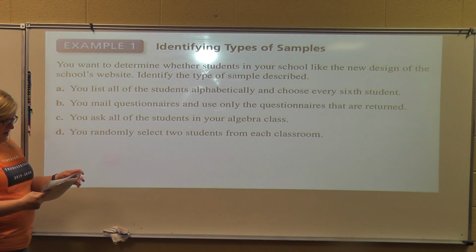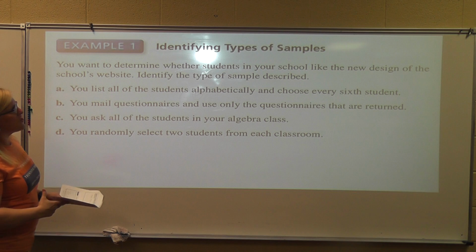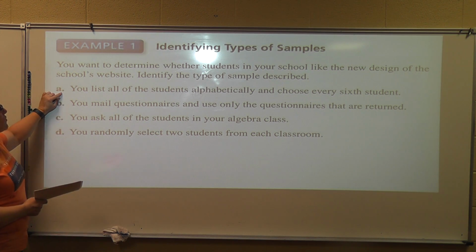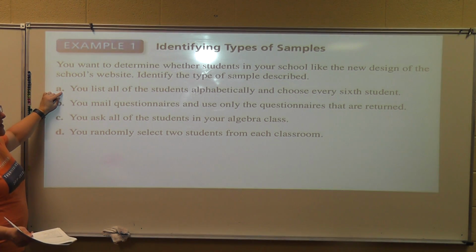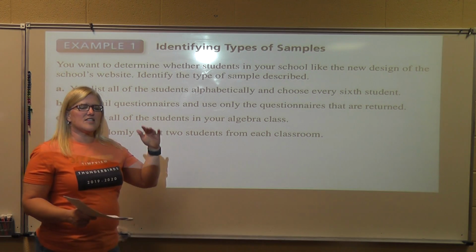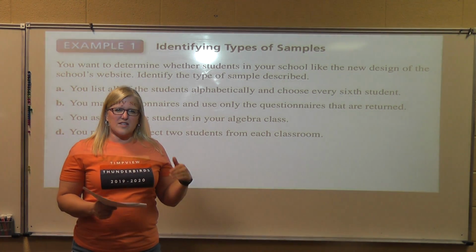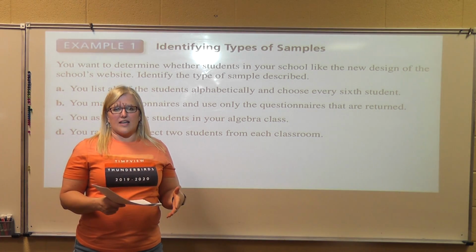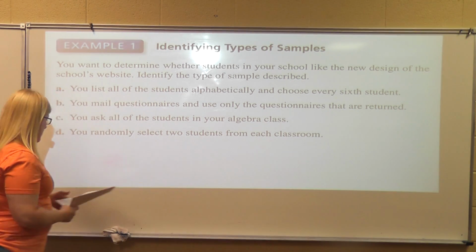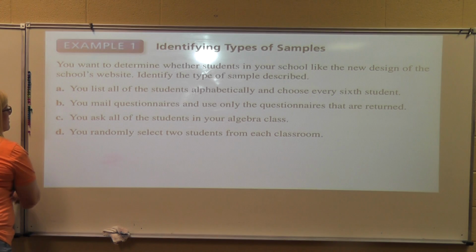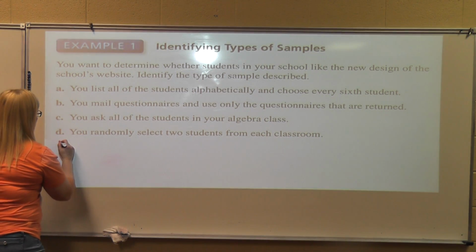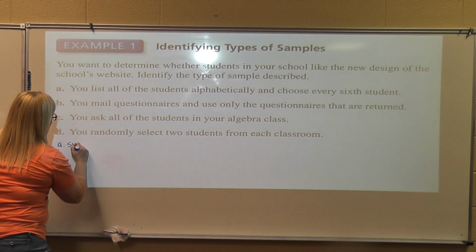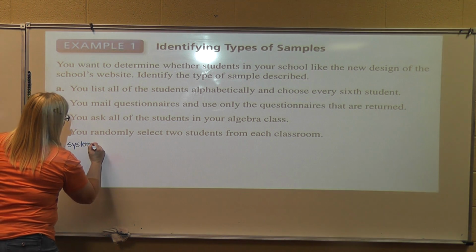A: you list all of the students alphabetically and choose every 6th student. What vocabulary word is that? Well, that would be your systematic sample. I'm going to write that down. A is systematic.